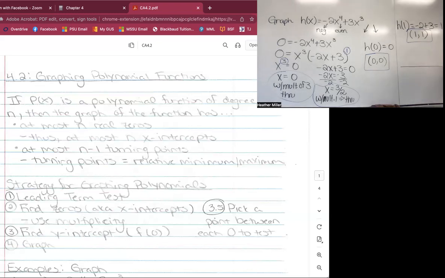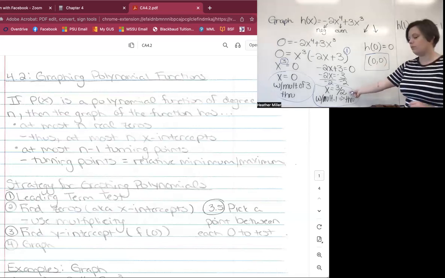So I'm going to do a rough hand sketch. 1, 2, 3, 4, 1, 2, 3, 1, 2, 3. I know we don't need all those hash marks, but it feels a little imbalanced if I don't at least put them in there. So I know that I have a 0 at 0. So right here at 0, 0, I'm going to put a point.